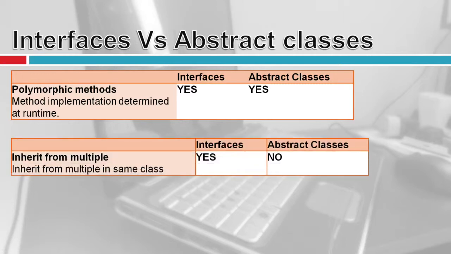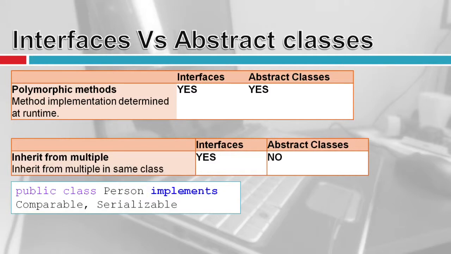Inherit from multiple. Now this is another key difference. If I have an interface, I can implement multiple interfaces. So here I created a person, and I'm implementing the Comparable interface and the Serializable interface. As long as I fulfill the contracts for both of these interfaces, it's good to go.